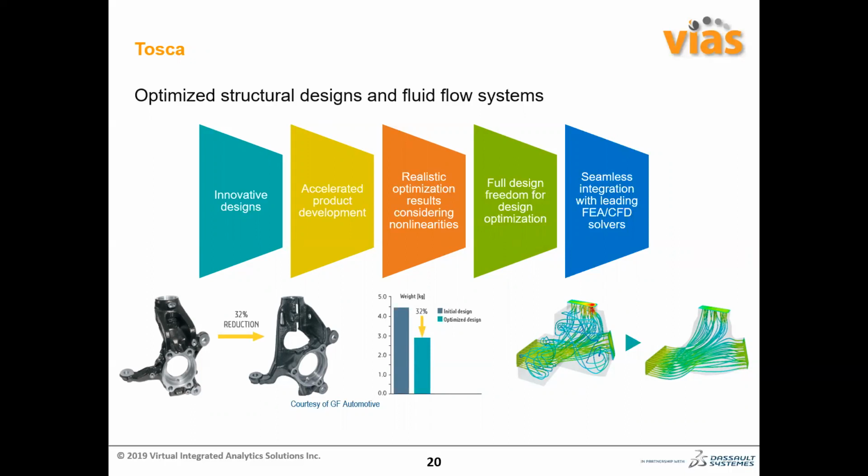And not only that, once you have those kinds of optimization problems, generally the final product you get is something which is not manufacturable. So there you can apply different kinds of manufacturing constraints, like is it going to be manufactured by casting or through drawing or through an extrusion process.